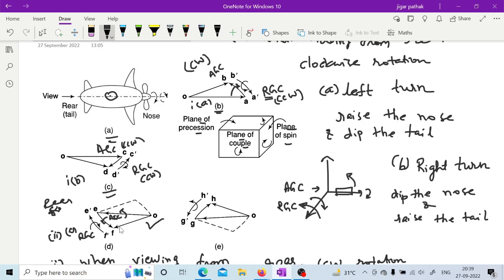If you try to understand from here, when it is going to take a left turn, we will have this as the active gyroscopic couple in this direction, and the reactive will be in this direction. So this particular reactive gyroscopic couple will try to down the nose, right?